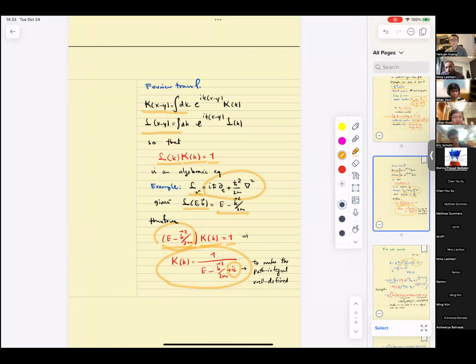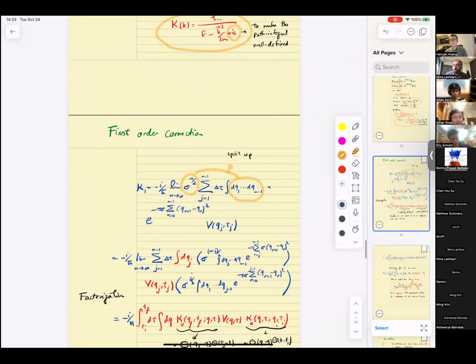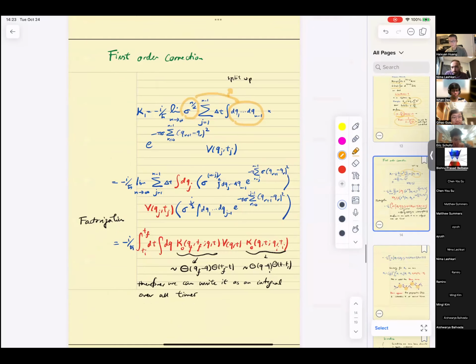The poles of the propagator, we interpret them as particles on the real p-axis. Those are the zeros of the dispersion relation.